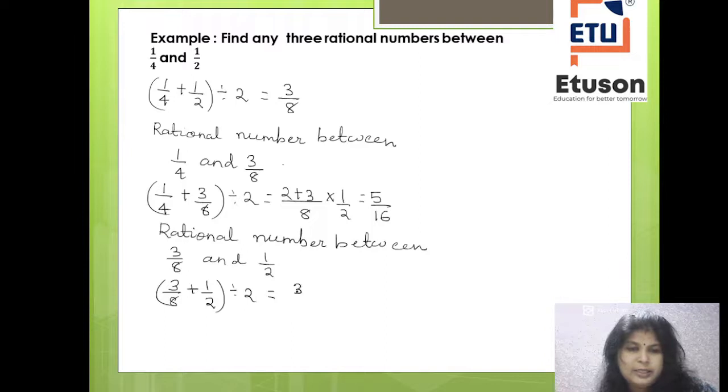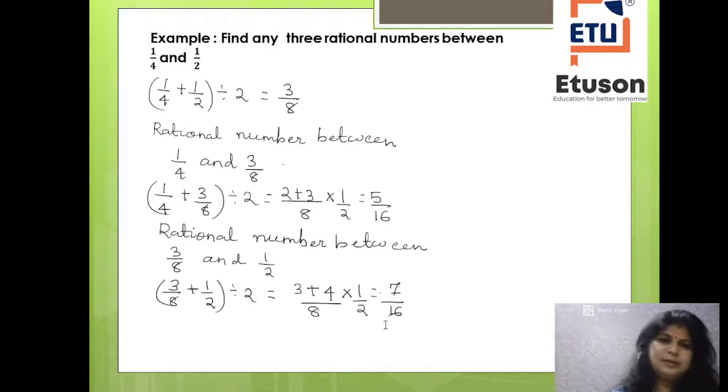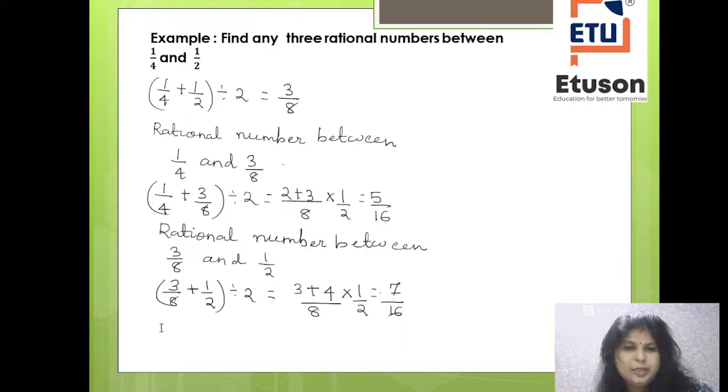The LCM is 8, so (3 plus 4) divided by 8, into 1/2. So what's your answer? It is 7/16. Correct or not? So how many rational numbers have you got now? You have got 3/8, 5/16 and 7/16.